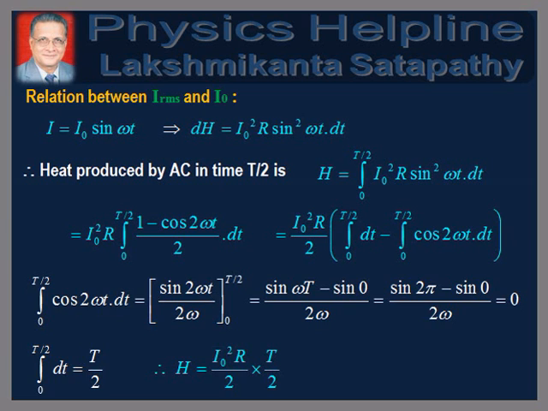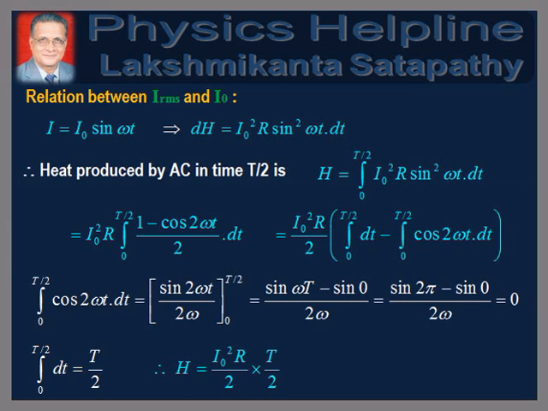Now, the second integral, integral cos 2ωt dt from 0 to T/2, is equal to sin 2ωt divided by 2ω from 0 to T/2, which is equal to (sin 2π − sin 0) divided by 2ω, which is equal to 0. And integral dt from 0 to T/2 is equal to T/2.